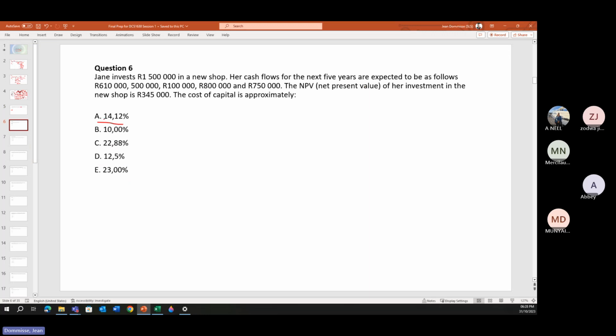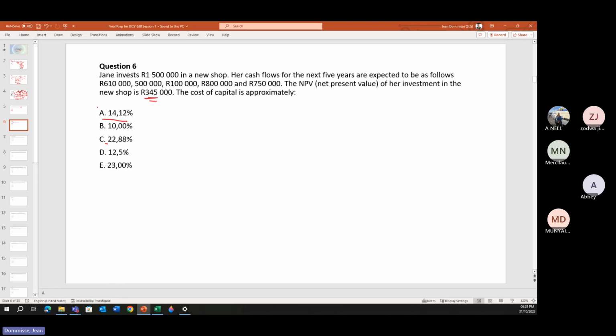So if you have not incorporated that extra net present value into that 1.5 million, you probably would have gotten option C. So again, be very careful when we do this, that we work with the right number set. Okay, so option A was the correct one.